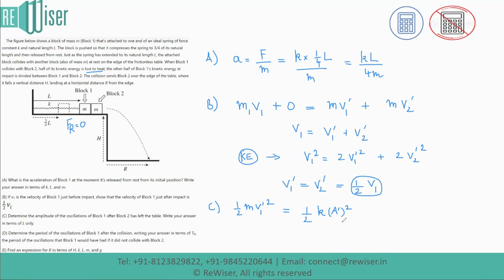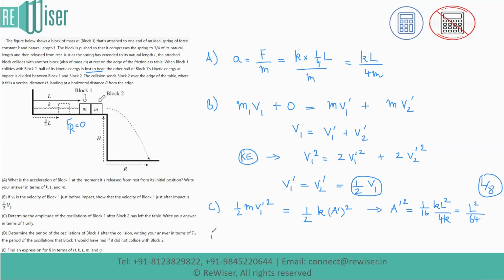Through these substitutions, A dash whole square is equivalent to 1/16 of k L square over 4k, which simplifies to L square over 64, giving me the value of A dash as L over 8.